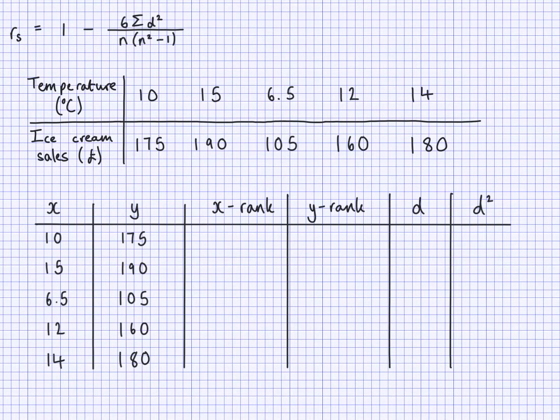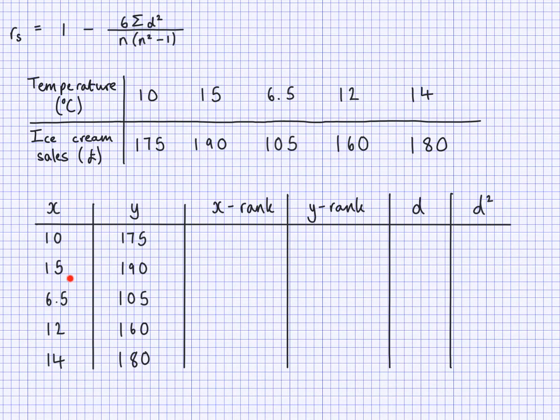Okay, so you can see now what I've done is I've put these values as x and y's in columns like this. Now I've got 4 extra columns here and I'm going to show you how to use them. So the x rank, what we want to do is rank the highest value in x as 1, and then the next highest value will be 2, and we're going to go up like that.